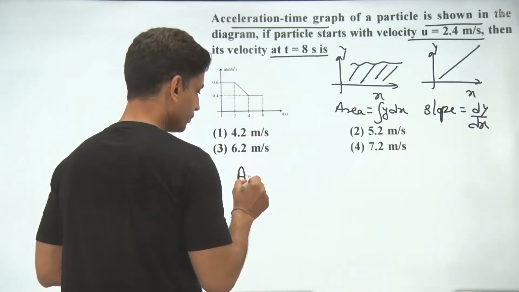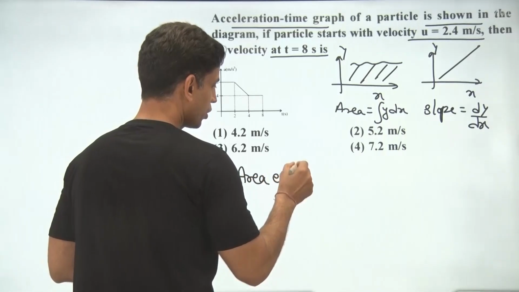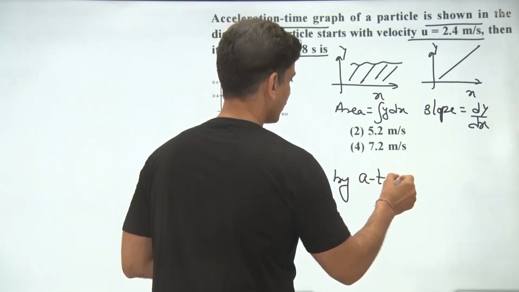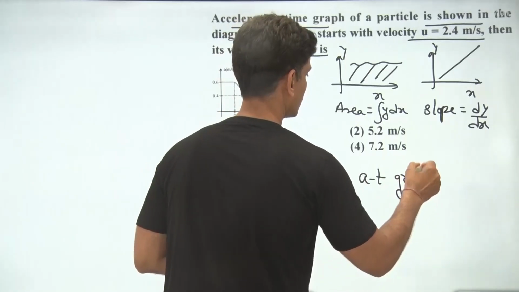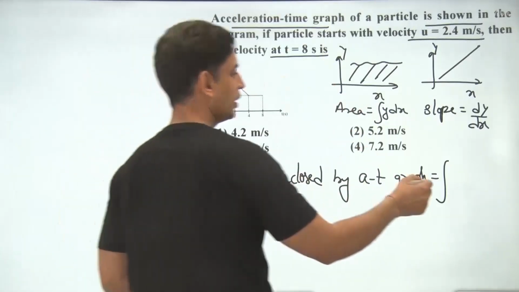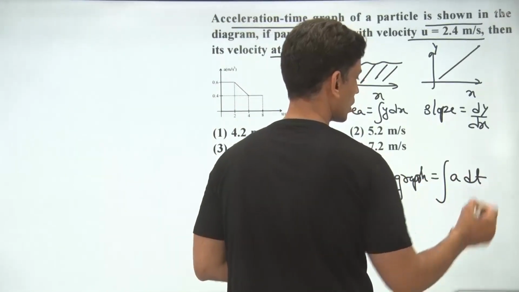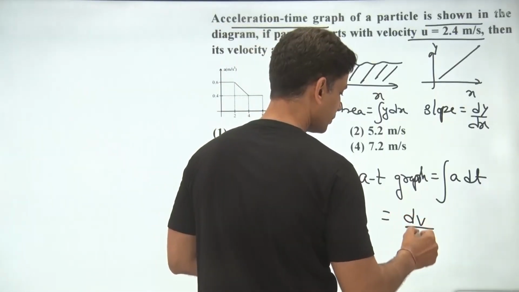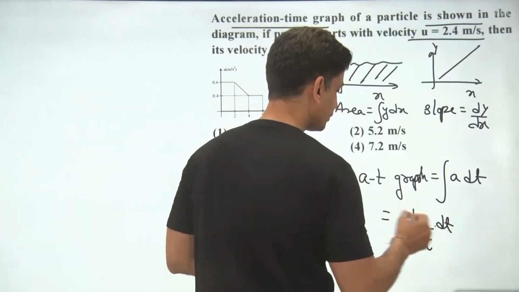So the area enclosed by the a-t graph will be integral y dx, so it will be integral a dt. Good. Now a is what? dv by dt into dt.